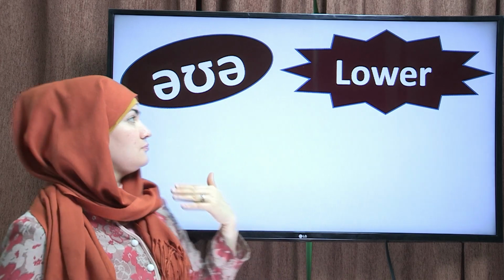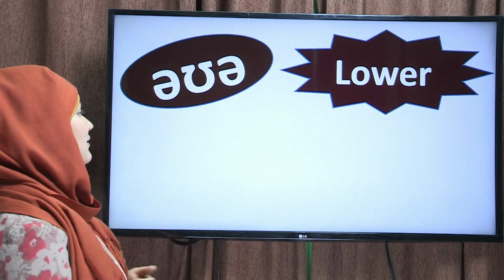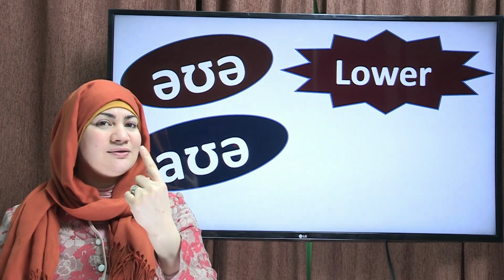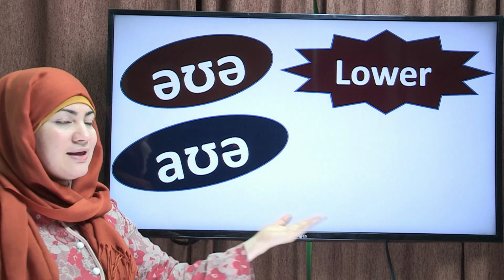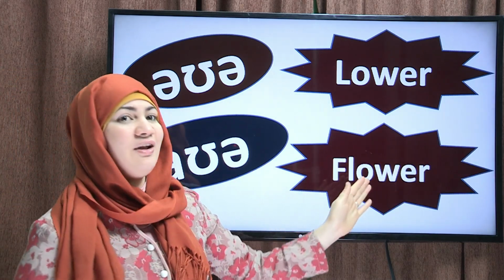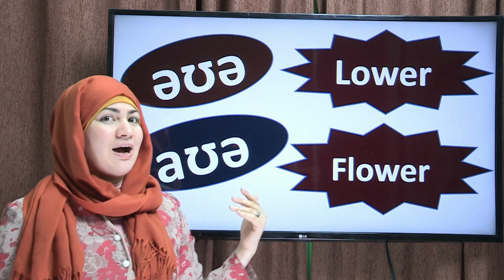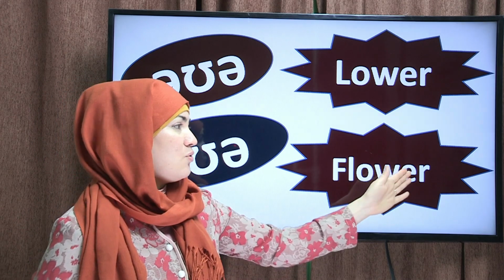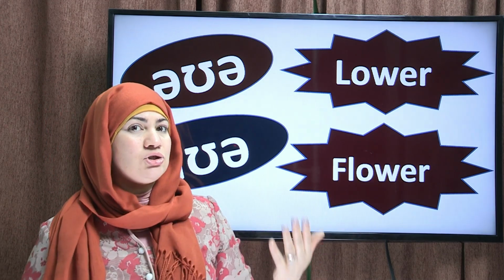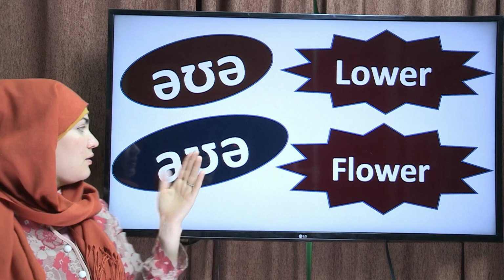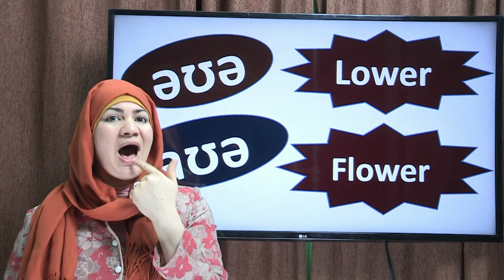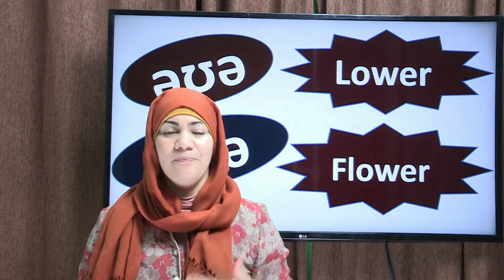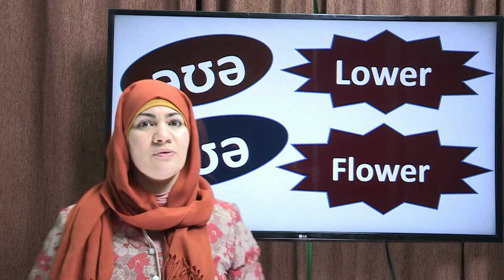The last triphthong is /aʊə/, like flower, W-E-R too, but the pronunciation is more like our. These are the five triphthongs in English.